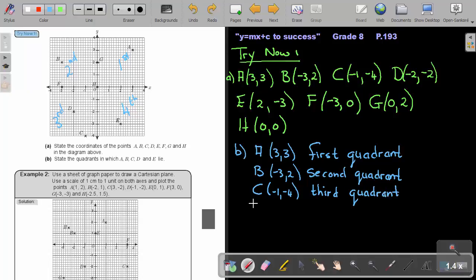And then it was point D. Look at point D. What was the coordinate of D? It was -2, -2. Let's just find it, D. So it was also in the third quadrant.